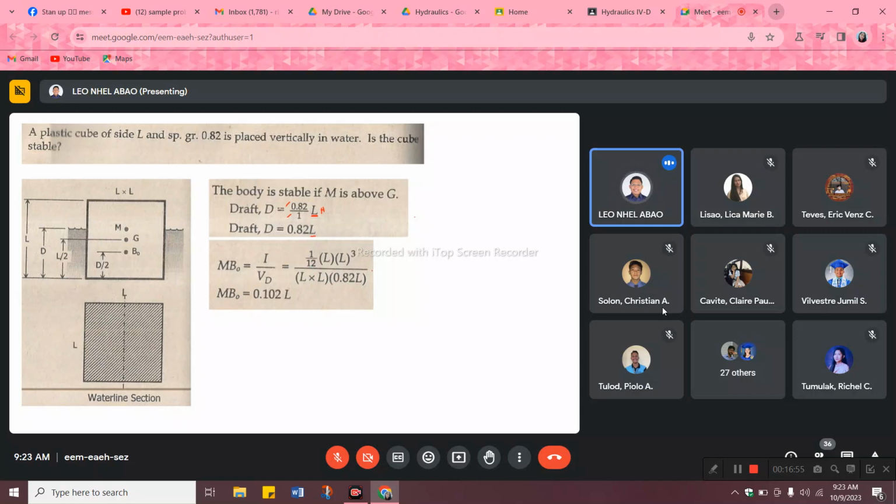Take note, class, this is our formula: 1 over 12 B D cubed.